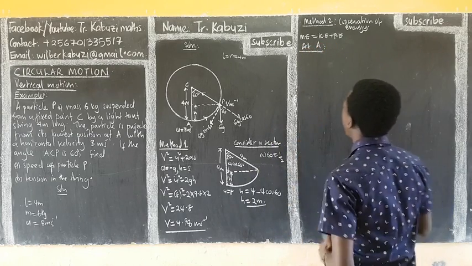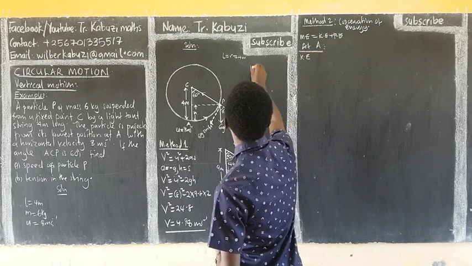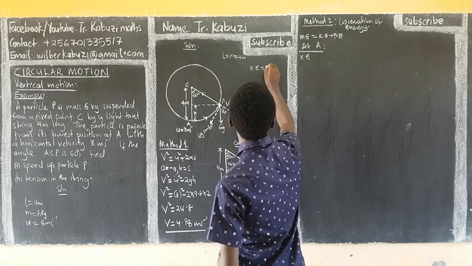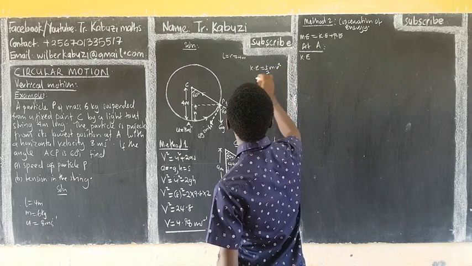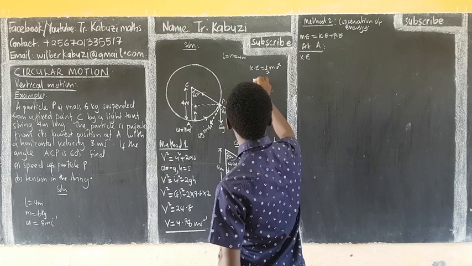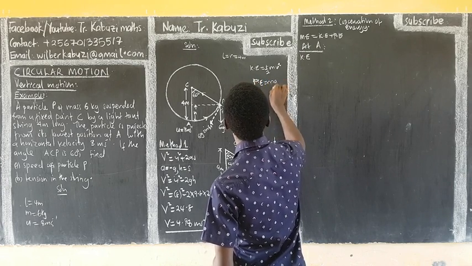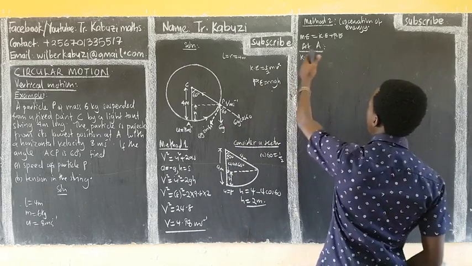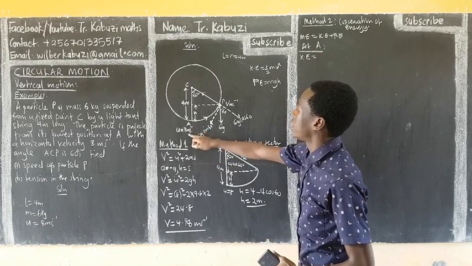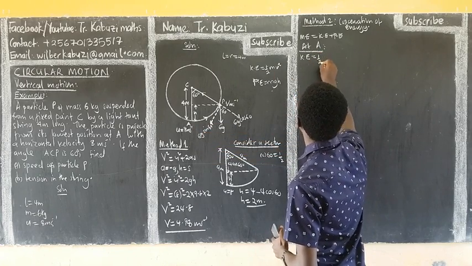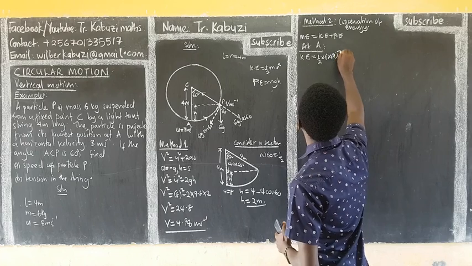So we say at A, our KE is always equal to half mv squared. Then our potential energy is given by mgh. So these are the formulas we are going to apply here. At A, our velocity is this. So you have a half times the mass 6, then times 8, the whole squared.